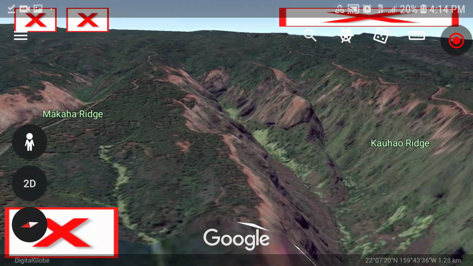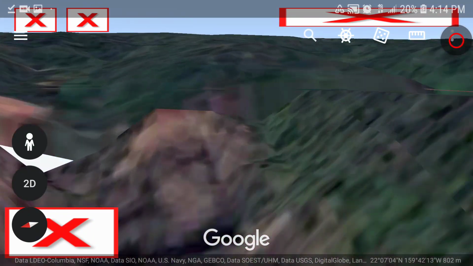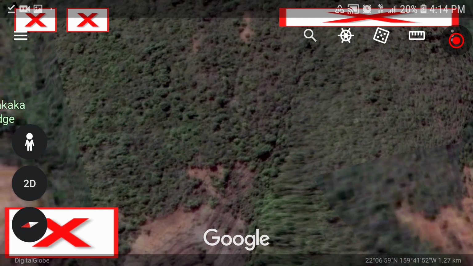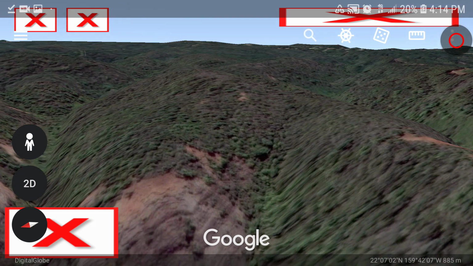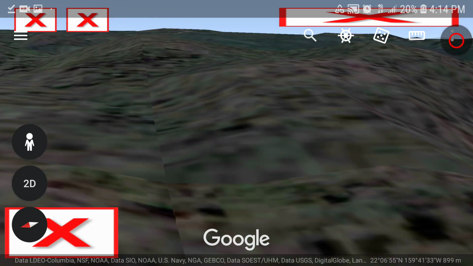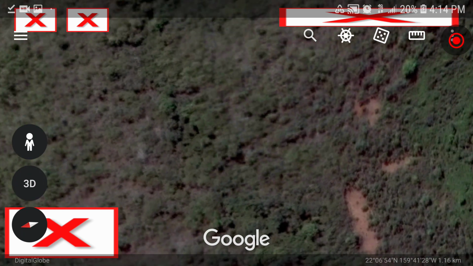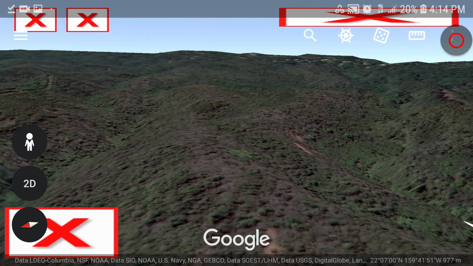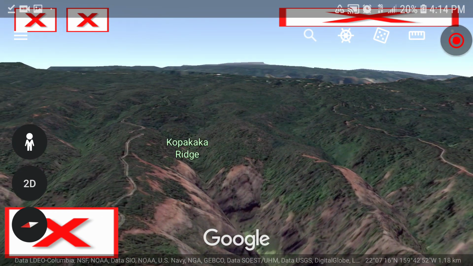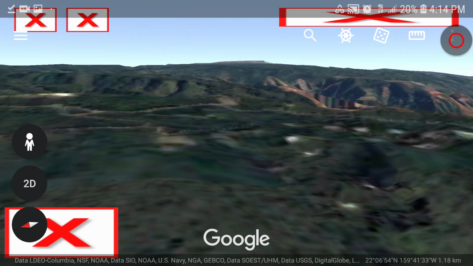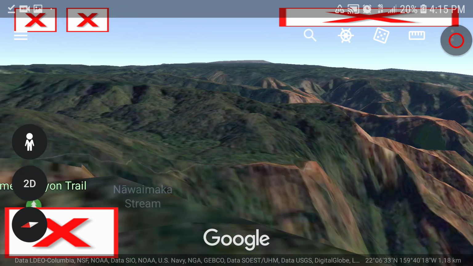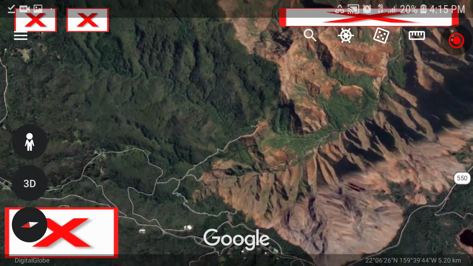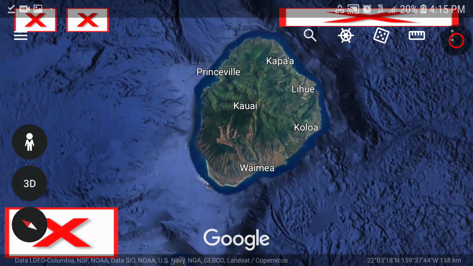Oh God. I suck at Google Earth. You can't go any higher than that.